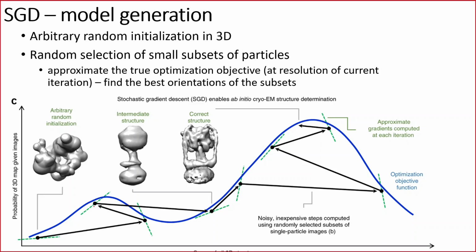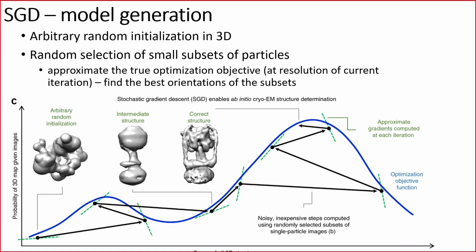And because this gradient is sending us in the angular space samples from one to another position, it's easier for it to overcome these local probability maxima and climb up to the correct structure.